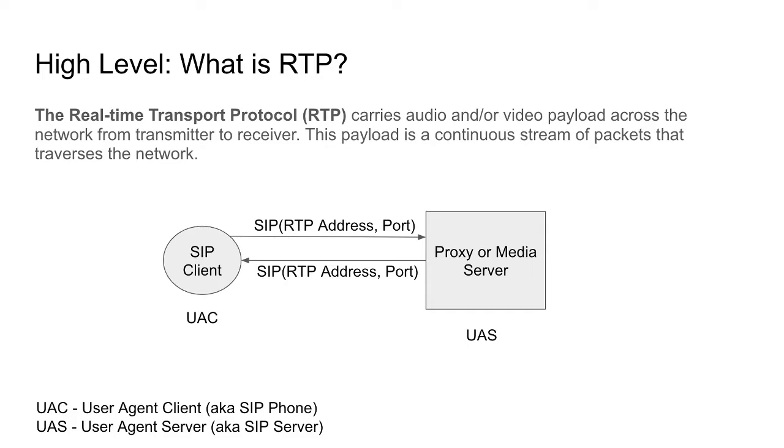In this picture, what we're depicting is a SIP client and a proxy or media server. The SIP client will initiate an invite, basically make a call, and inside of it, it will say, "Hey, any audio that's destined for me, send it to this RTP address and this port." Likewise, the proxy or media server will do the same thing.